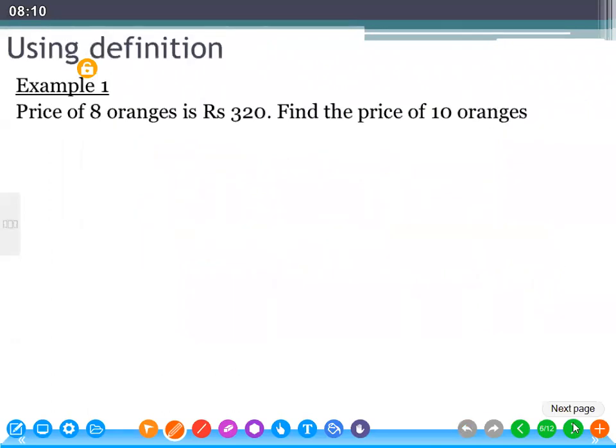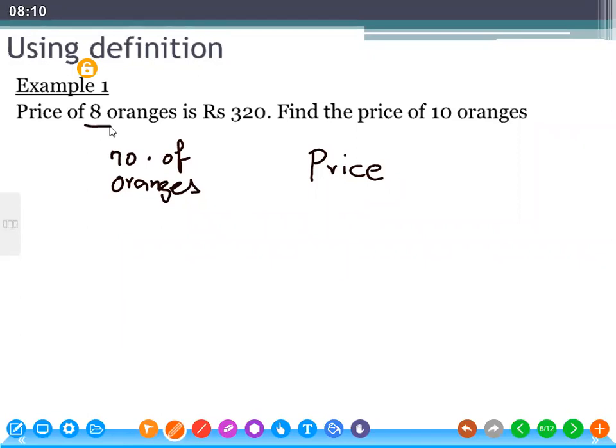Okay, next we are going to see about using definitions. So look at the example. The price of 8 oranges is 320. You have to find the price of 10 oranges. First, you have to identify the two different quantities. One is price and the other one is the number of oranges. Here 8 oranges cost 320.